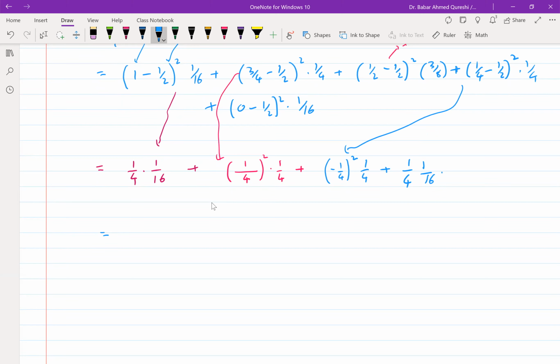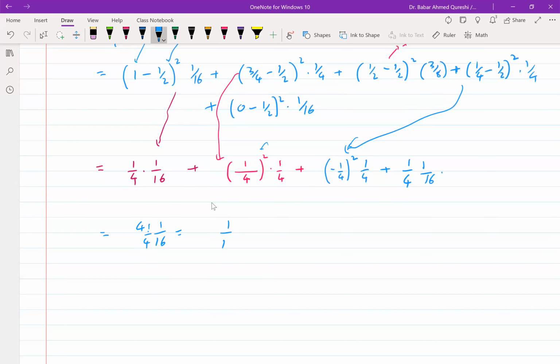So what do I get? I get 1 by 16, over here 1 by 16, over here 1 by 16, and they are all being multiplied by 1 by 4. So I have 4 1 by 16s. 4 times 1 over 4, 1 by 16.